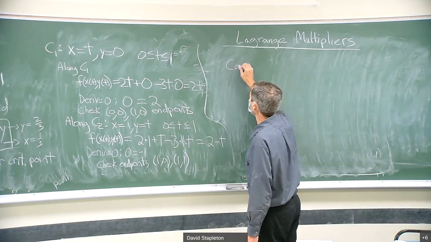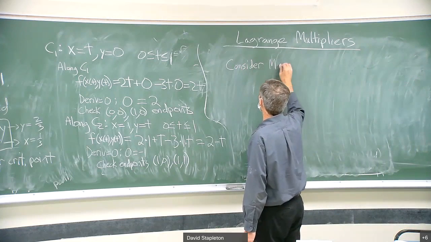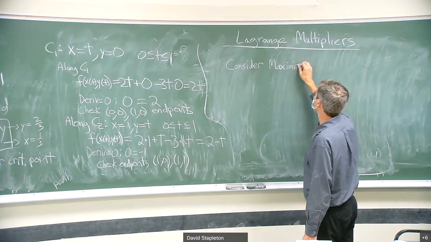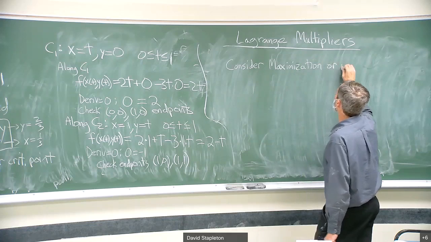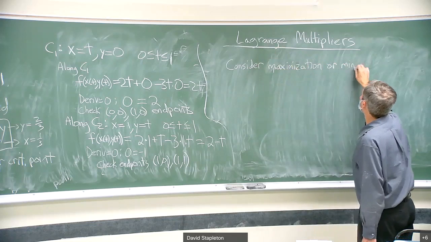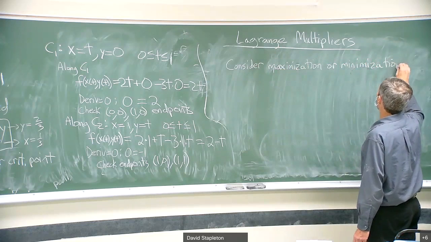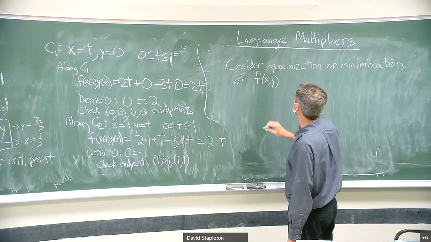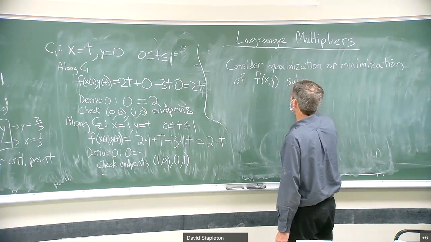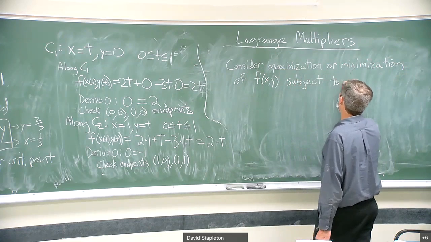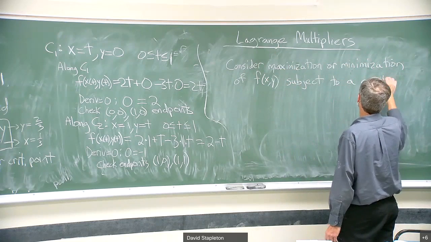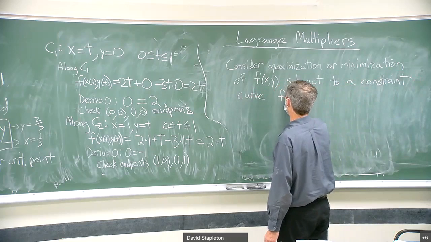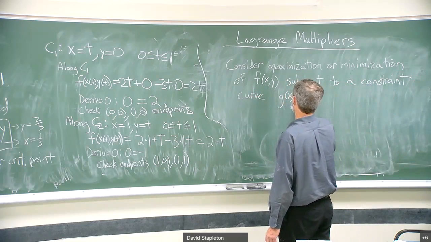So consider this kind of a problem. Maximization or minimization of a function of two variables subject to a constraint curve given in the form g of xy equals 0.